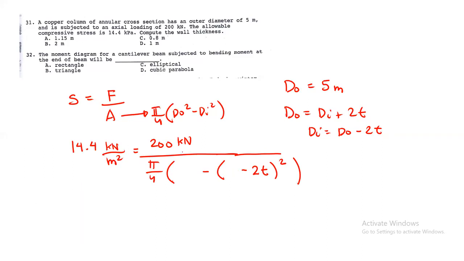So si DO is 5 minus 2T squared. So makuha natin dito yung thickness. So 1.15 meters. The answer is letter A. So 5 squared to, no? Ano naman sa squared.